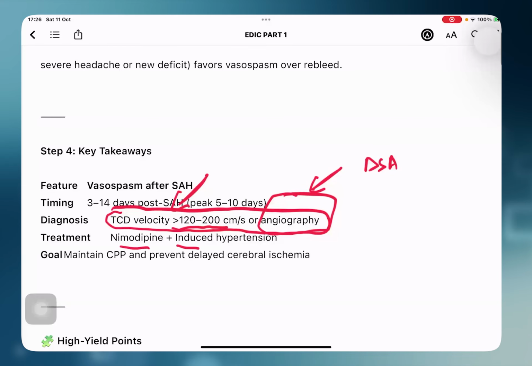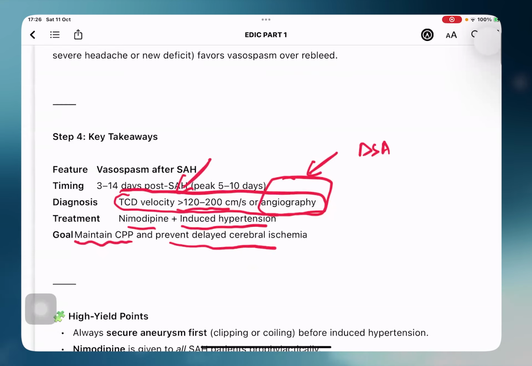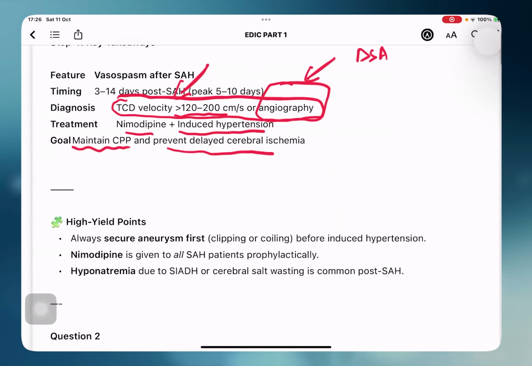Treatment is nimodipine plus induced hypertension. The rest of the two H's, that is hypervolemia and hemodilution, are no longer accepted. The goal for everything is to maintain a cerebral perfusion pressure and prevent delayed cerebral ischemia. So, hygiene points for any SAH is: number one, secure the aneurysm first, either by an open clipping or by a minimally invasive coiling before inducing hypertension, because that would only lead to increase in the bleed.